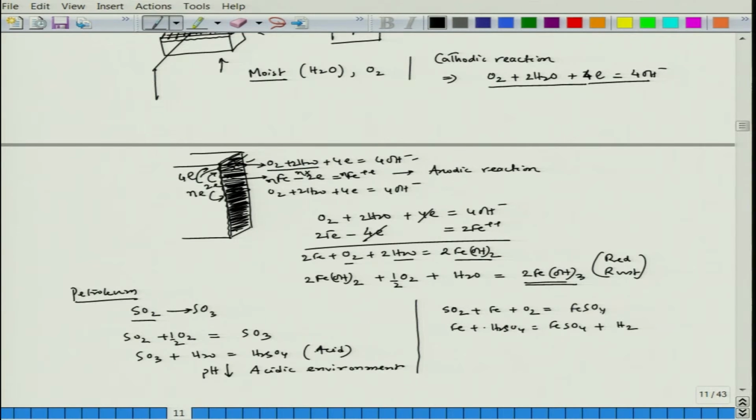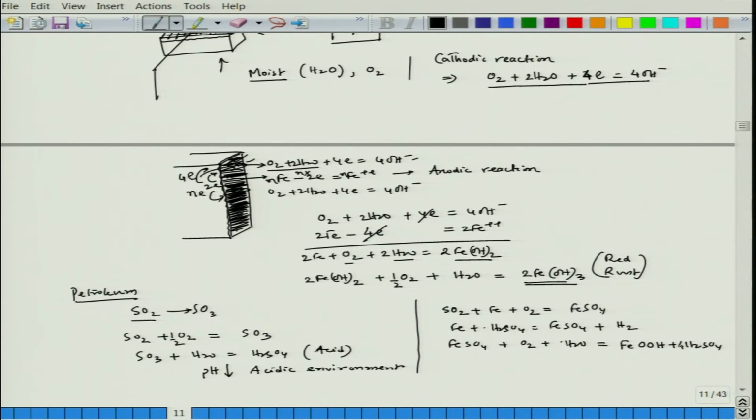Now, this FeSO4 can then react with oxygen and water and can form FeOOH plus H2SO4.